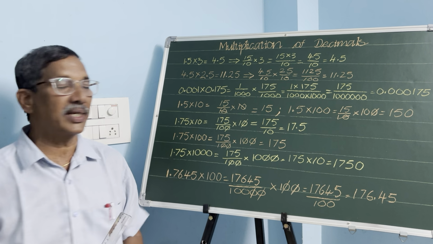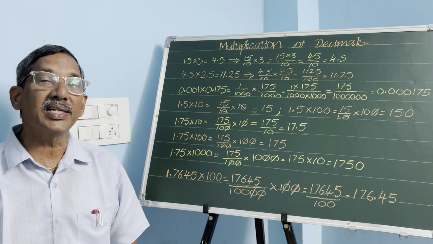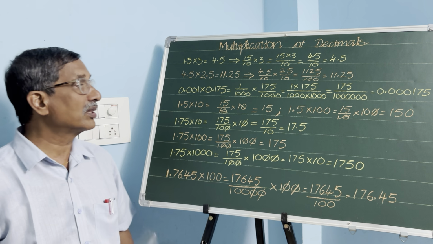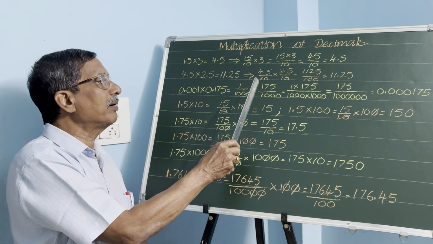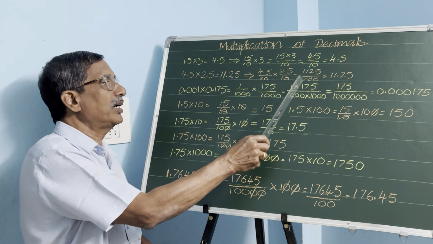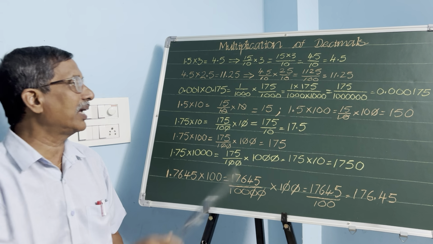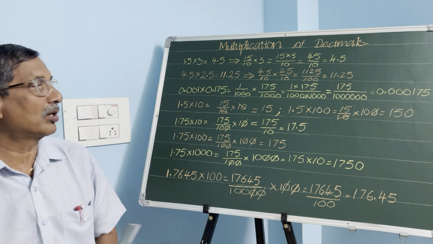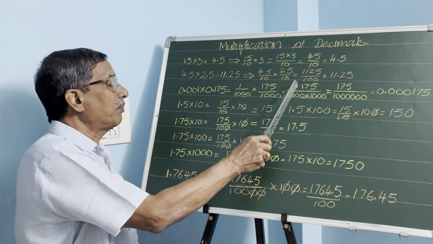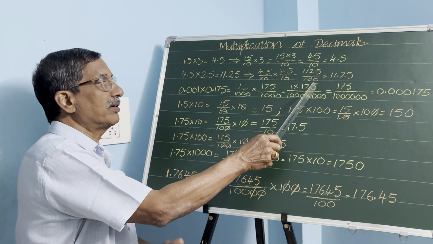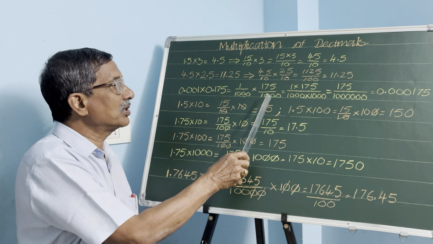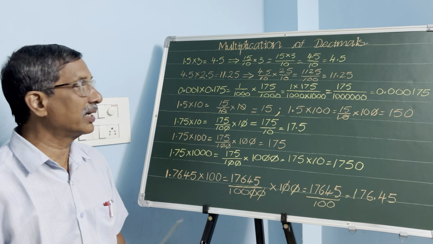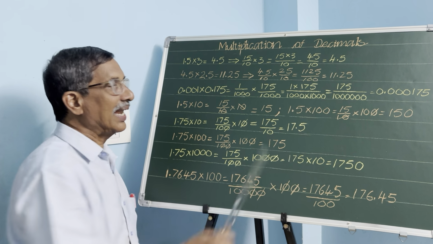0.175 can also be written as 175 by 1000. So it is 1 multiplied by 175 by 1000 into 1000. We know that 1 multiplied by 175 gives 175, and 1000 multiplied by 1000 we will get 10 lakhs.